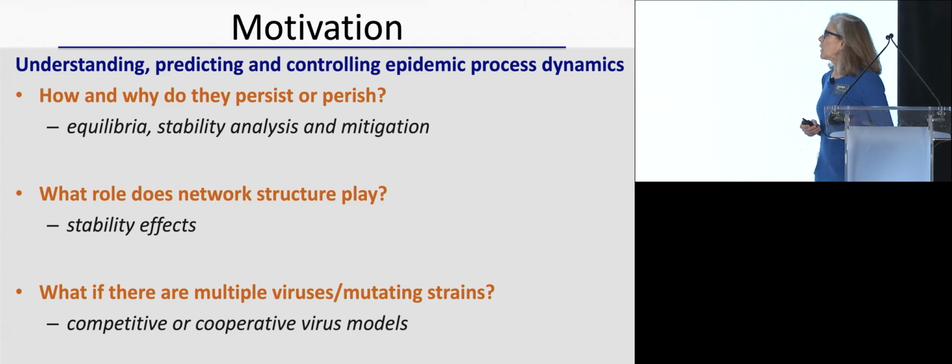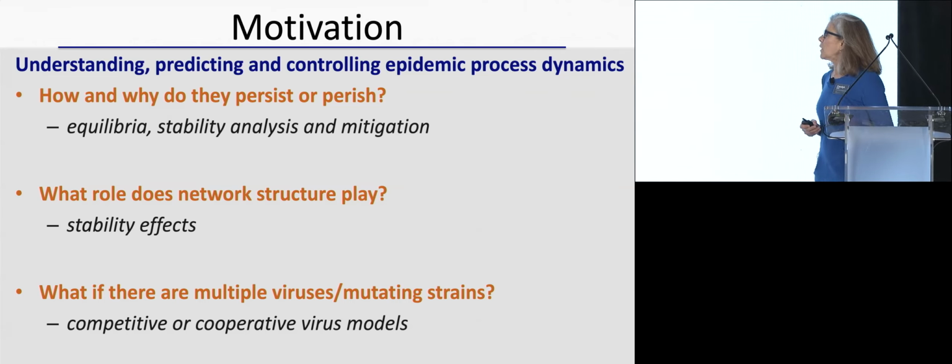We've looked specifically at what role the underlying human contact network plays in these dynamic processes and the spread of the disease. And then we've also looked at what if there are multiple viruses or mutating strains of the virus existing in the population. I won't have time to talk about that, but I can talk about it afterward if people are interested.